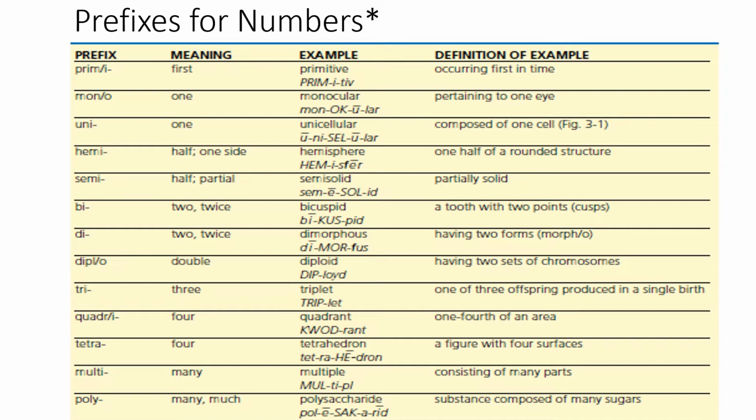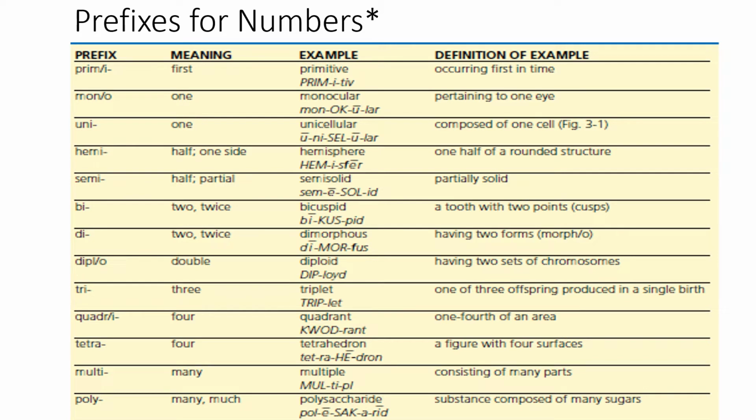We also have the prefix di, which also means two or twice. The example is dimorphous, having two forms.